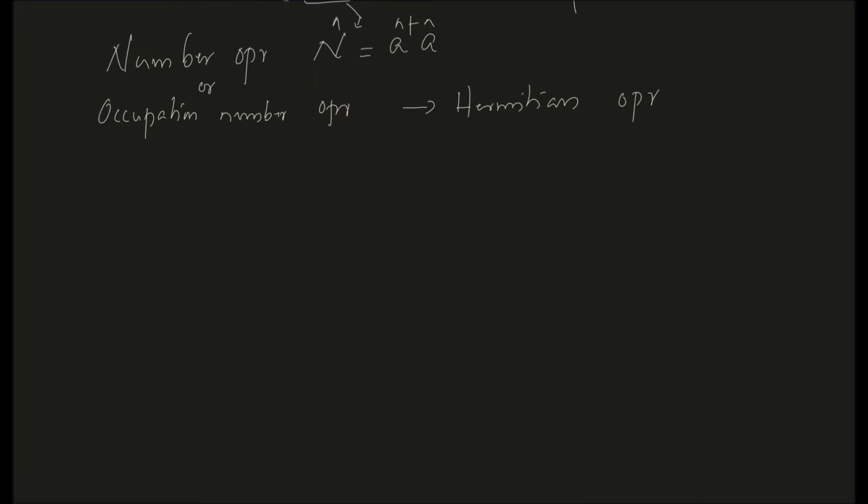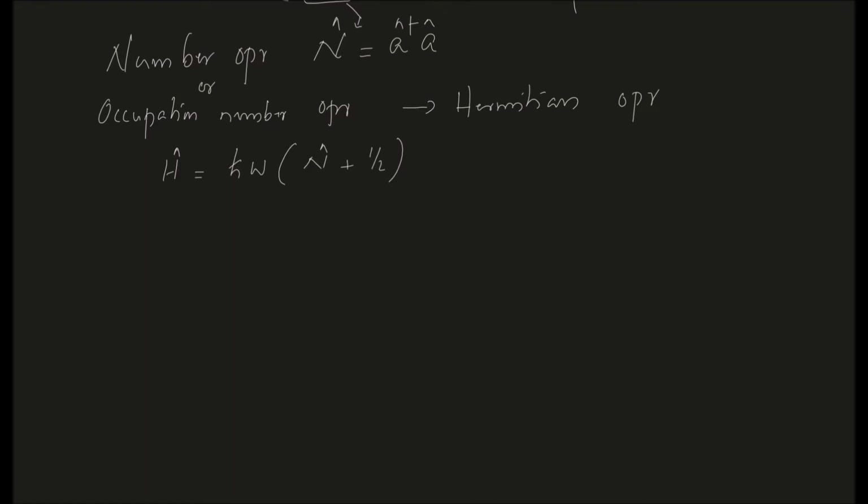Okay, so with this we can write the Hamiltonian as h cross omega, instead of A dagger A we put the number operator, plus half.